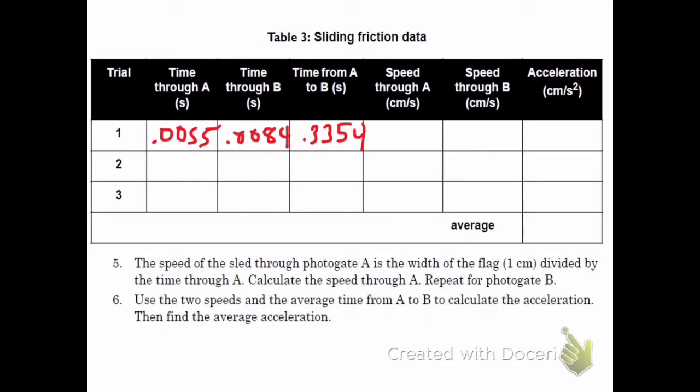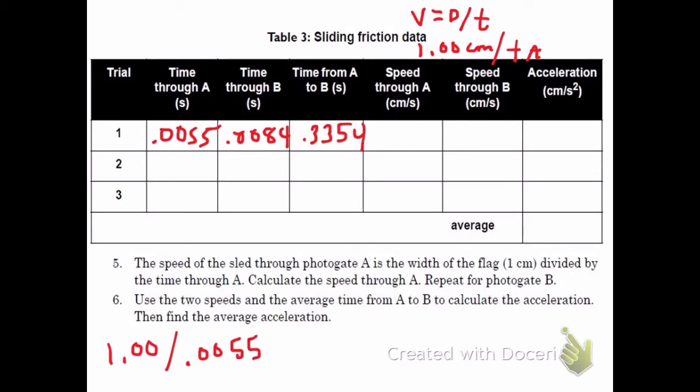To calculate the speed through A, you're going to do velocity equals distance divided by time, and in this case the distance is 1.00 centimeters, and you're going to use the time A. So that's going to be 1.00 divided by 0.0055. That's going to give us a speed A of 182 centimeters per second.